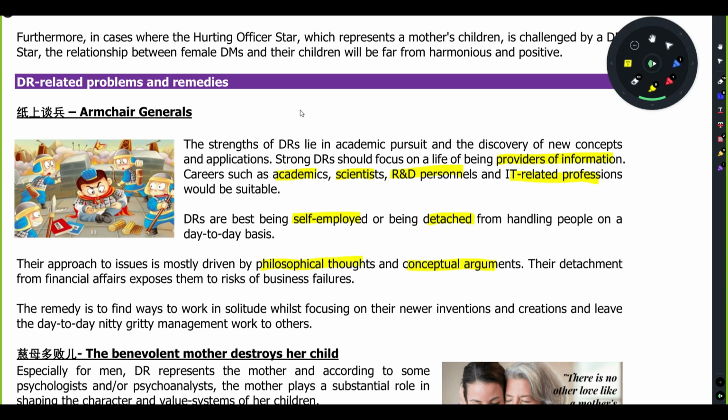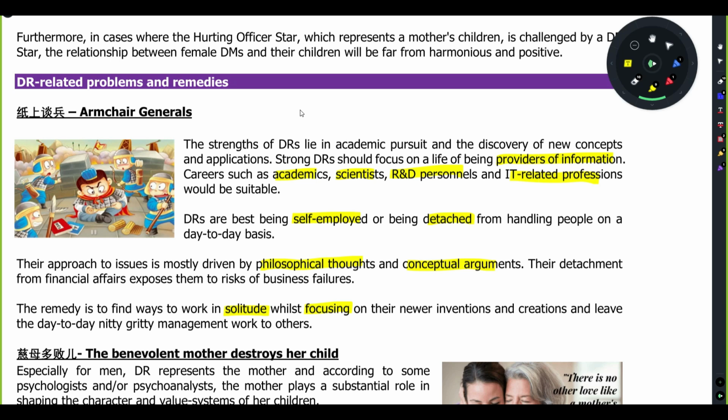This would be one of the direct resource related issues, and how we can overcome their weaknesses as well. Direct resource people are very comfortable working in solitude. You just give them room and space and time to do their own research. Leave them be.